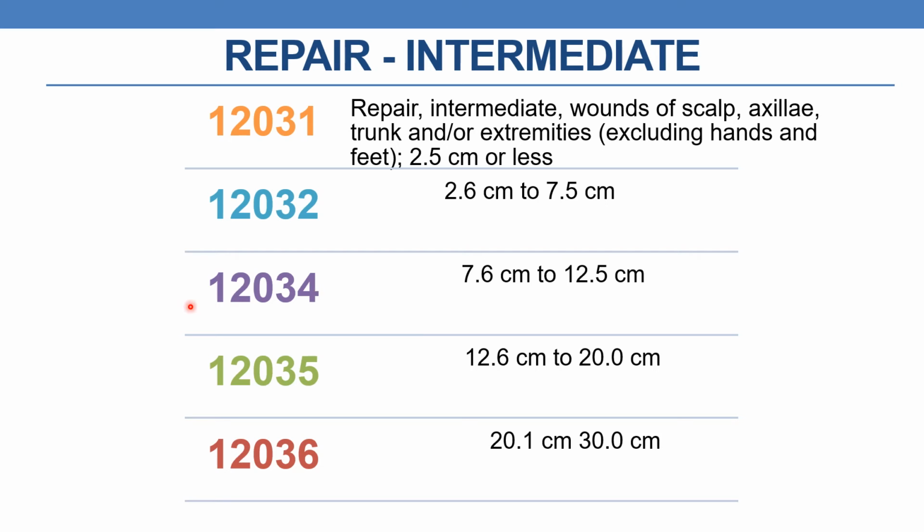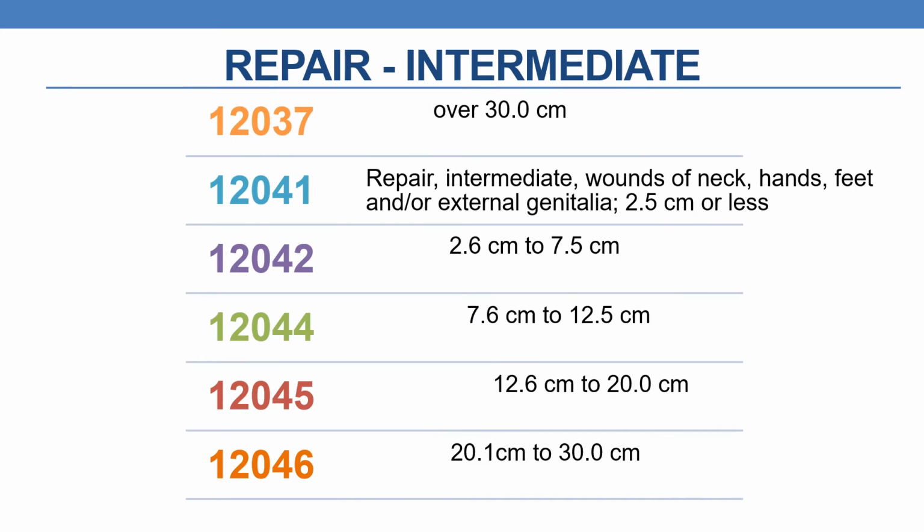The next code is 12034. The repair length is 7.6 centimeters to 12.5 centimeters. The next is 12035. The repair length is 12.6 to 20 centimeters. The next is 12036. The repair length is 20.1 to 30 centimeters. The next is 12037. The repair length is over 30 centimeters.